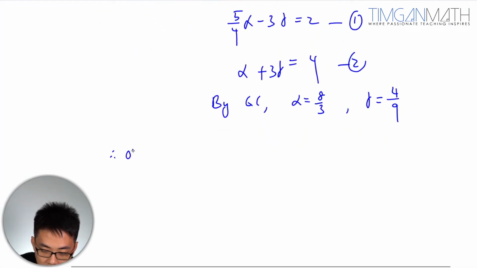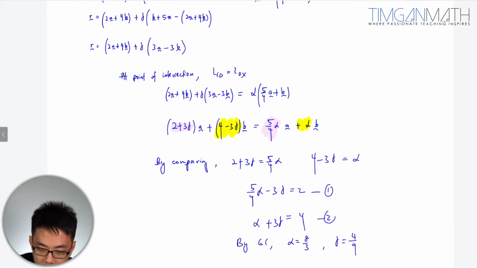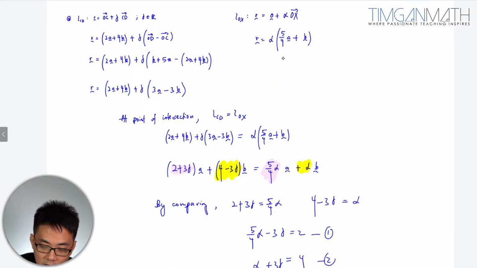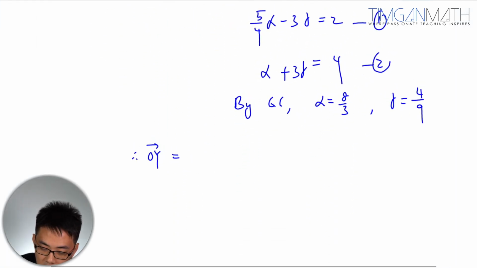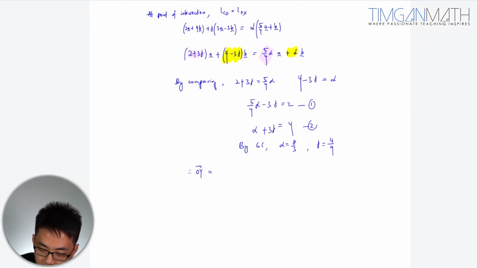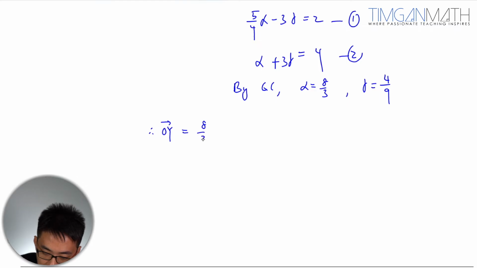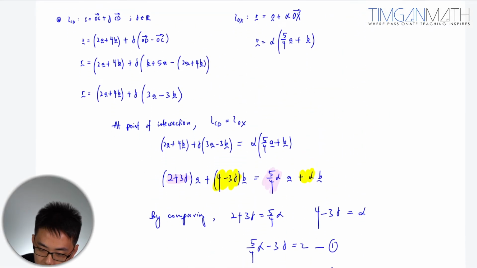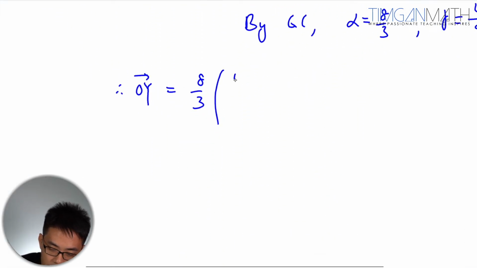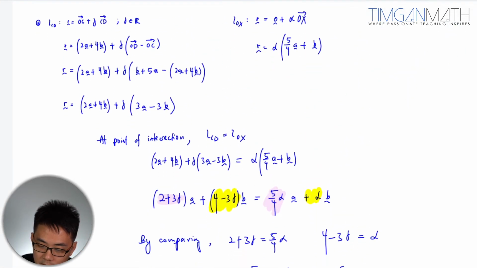OY, just key into one of the equations. I think this is easier. So OX is using alpha, right? So this is 8/3. Alpha will be 5/4 alpha plus b.